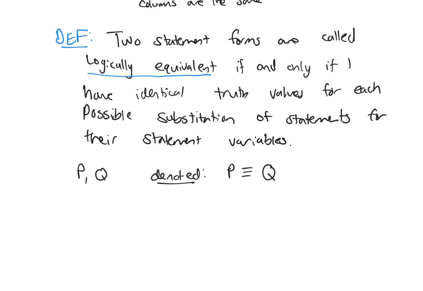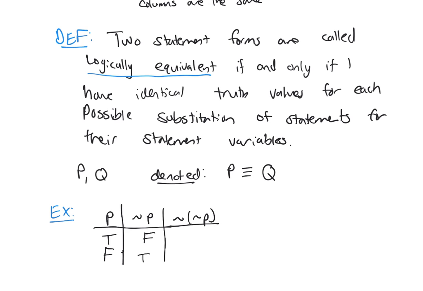So let's look at an example. Let's do P. I'm just going to have 1 variable, so that means I only have 2 rows in my truth table. And let's do not P. We flip the column for P, so now it's going to be false, true. And then let's take not P again.